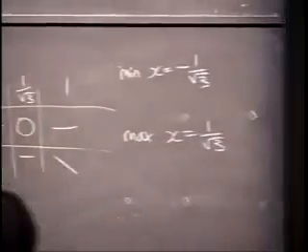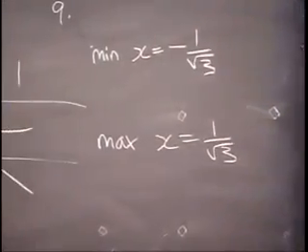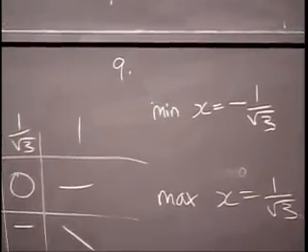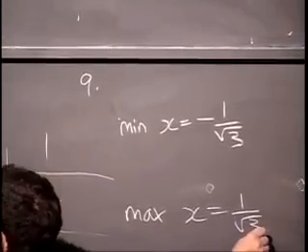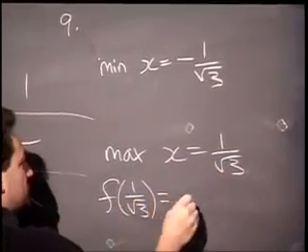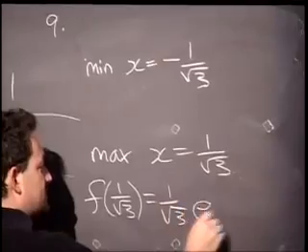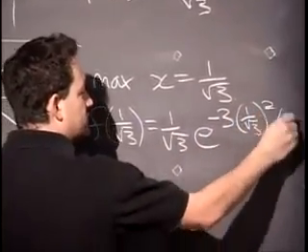Now, step 9, well, let's just do step 9 over here. Step 9 involves getting the y-coordinates of these things. So I'm going to plug 1 over root 3, the maximum, into the original. F of 1 over root 3 is equal to x e to the minus 3, 1 over root 3 squared over 2.